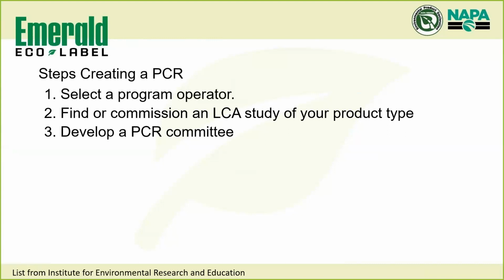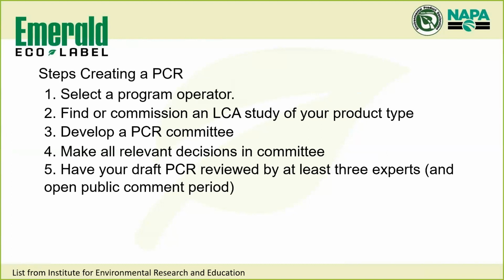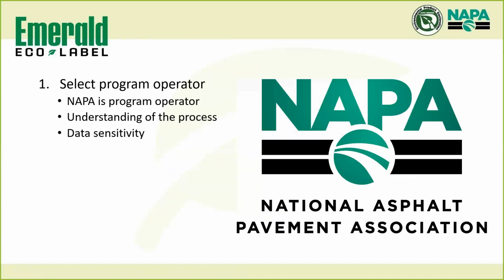You develop a PCR committee, which is in charge of helping set up the organization and the rules. You make all the relevant decisions in the committee. You have a draft PCR reviewed by at least 3 experts and have an open comment period. And then you can finally publish your PCR at the end. So I want to tell you a little bit about the process NAPA took in each of these steps and how we came about with the program that we have developed today.